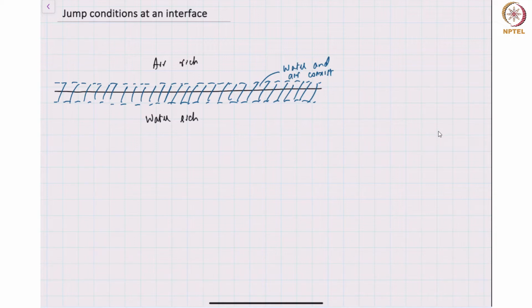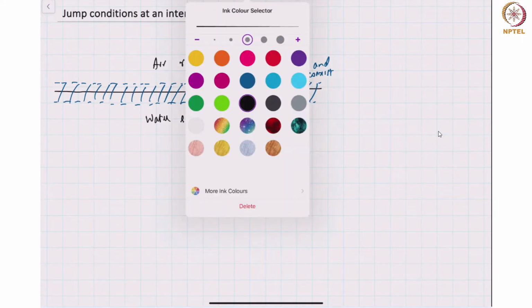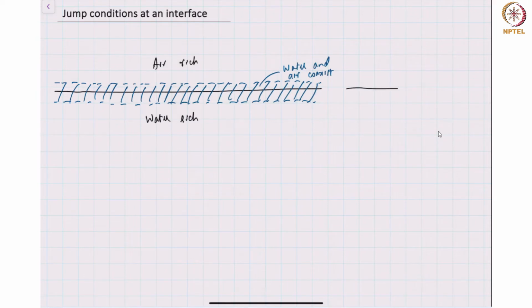Now we can also examine how properties such as density vary across this interface. For example, if I look at this coexistence region, I can make a plot of density.